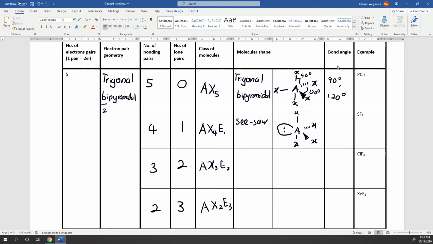And the angle is still the same for 90 degrees. But what is reduced is that this one sits in the equatorial plane, so it will push these two bonds away. So it can be less than 120 degrees.